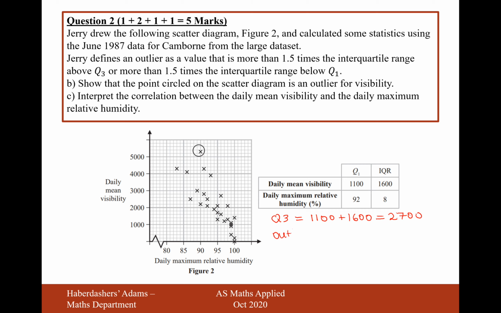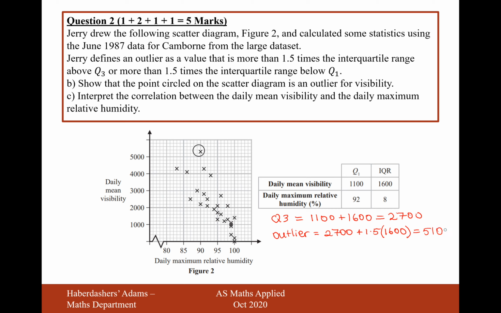So now what we want to do is to find an outlier. An outlier will be defined as being, starting from Q3, 1.5 lots of the interquartile range above Q3. So if we work that out, 2700 add 1.5 times 1600, and that gives us 5,100.